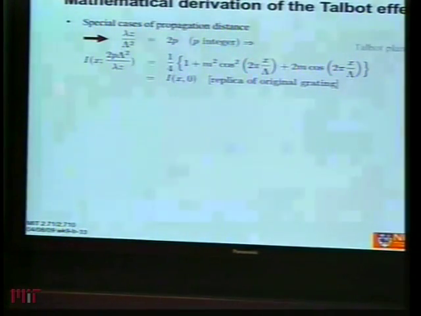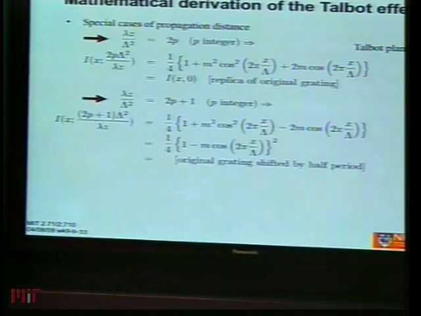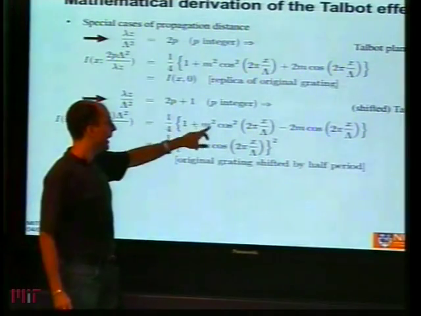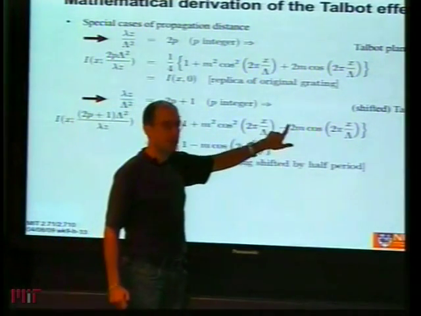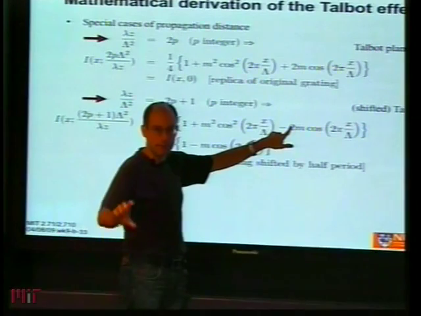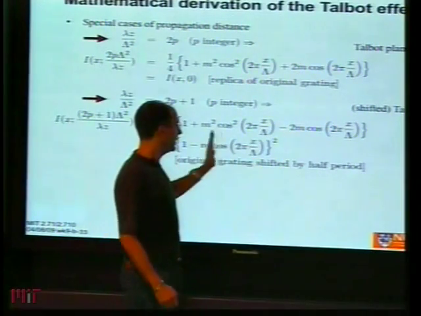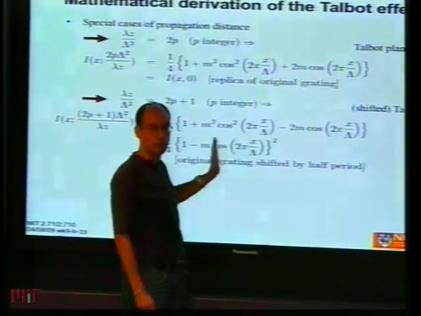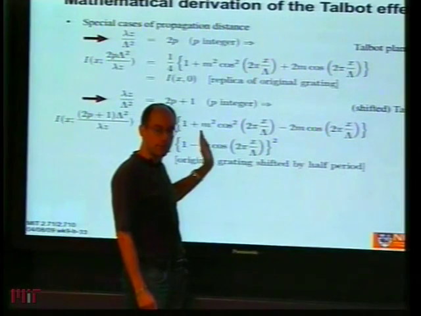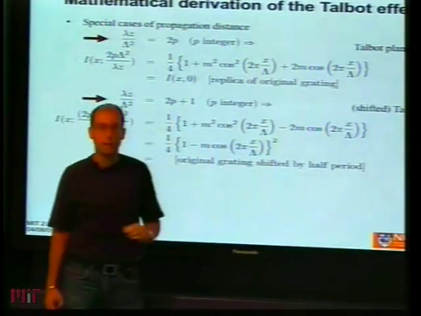And you call this distance a Talbot plane. If you propagate so that it is an odd integer, then it is pi that shifts this term by pi. Basically, you flip the sign. Now the grating has shifted. If you really work it out, you still get the same sinusoid, but shifted by half a period.